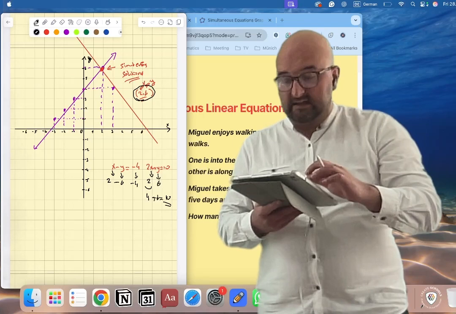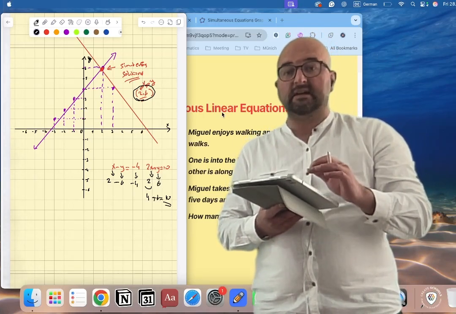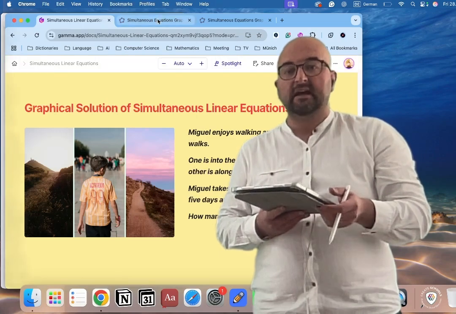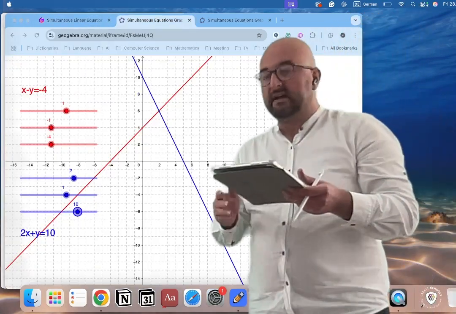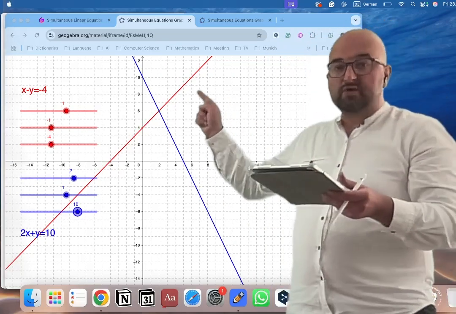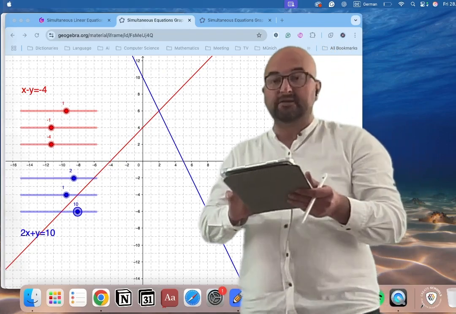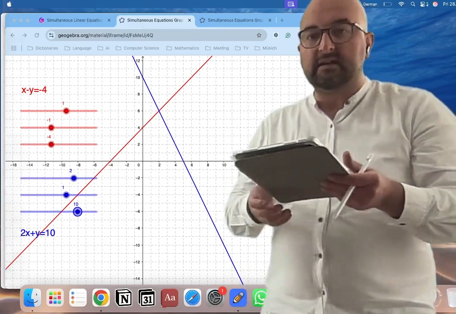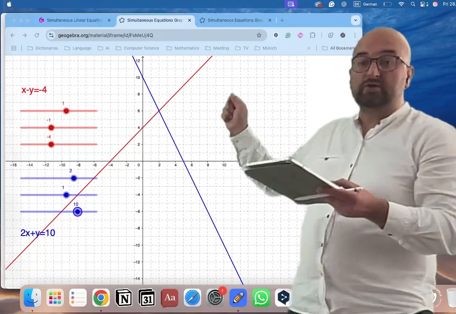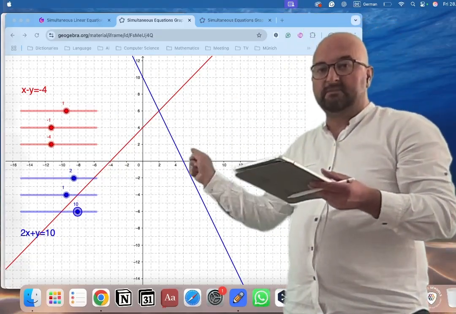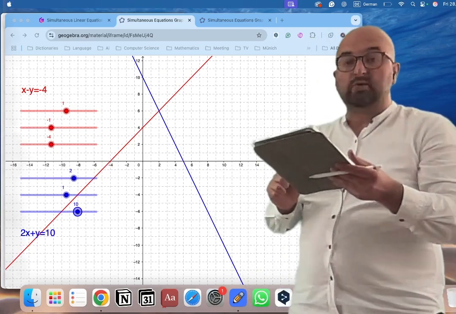Also, we can see this graph in the GeoGebra application, which is on a website. As you see, we have two different graphs on the grid paper. The red one is x minus y equals -4, and the blue one is 2x plus y equals 10.